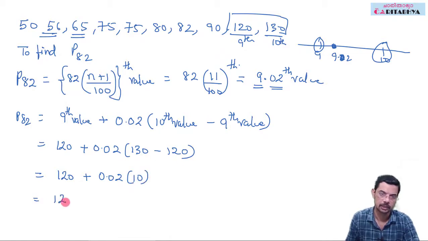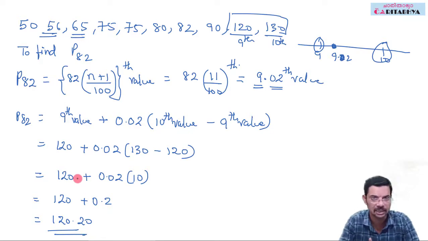So this is 120 plus 0.2, that is 120.20. Hope you have understood how to find out the deciles, percentiles and quartiles using simple data, that is ungrouped data.